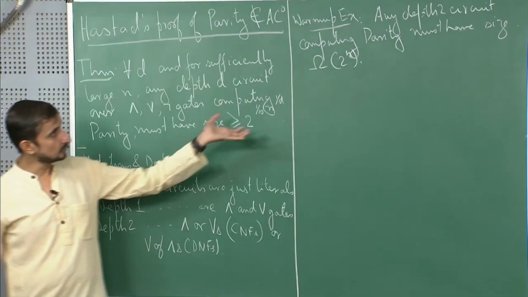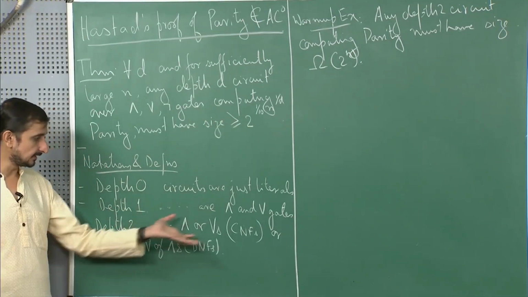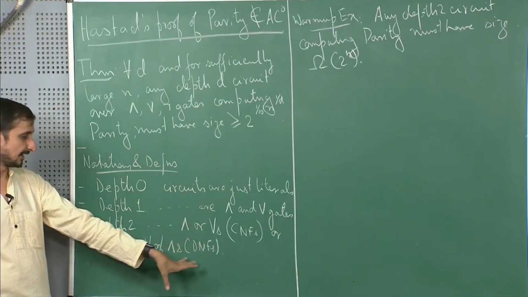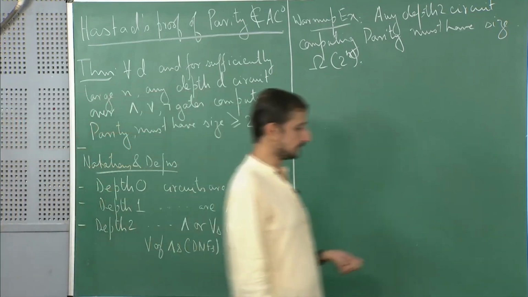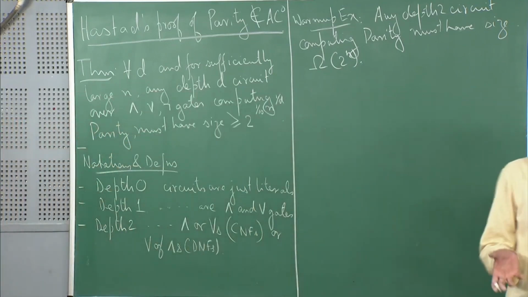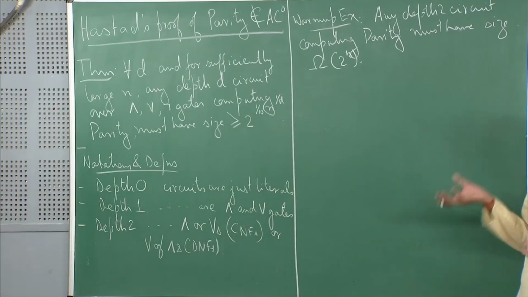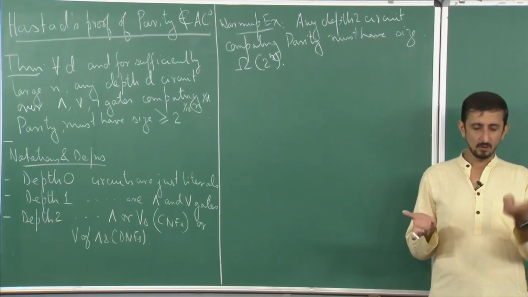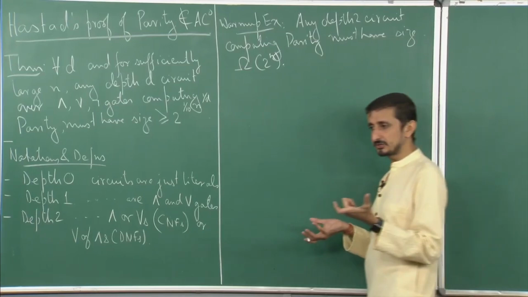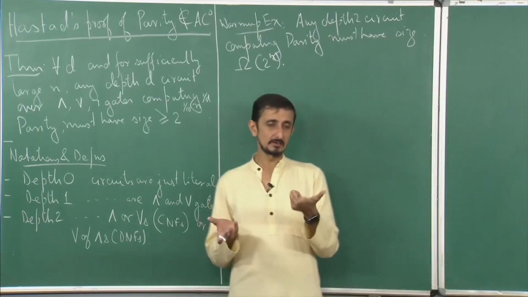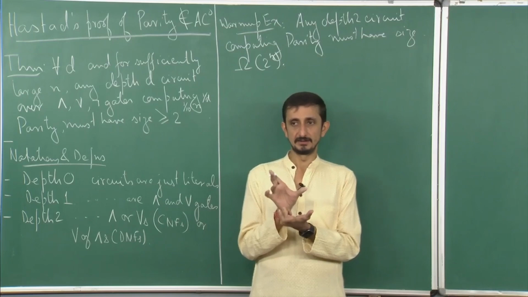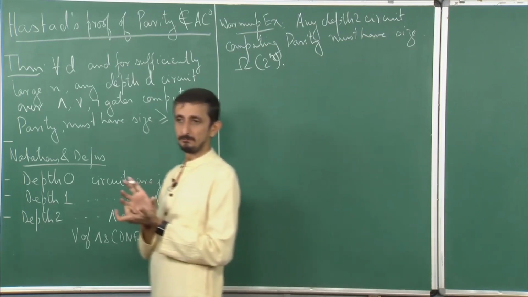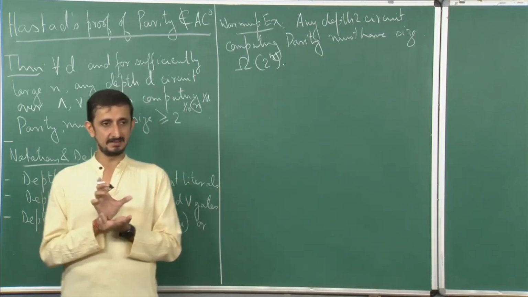Why do we get this? Depth 2 circuits, as I said, are essentially a CNF or DNF. Let us take, for example, a DNF; the other proof is symmetrical. Now, for a DNF to compute parity, what can I say about each term? A term is basically a product of literals. How many literals must it have?